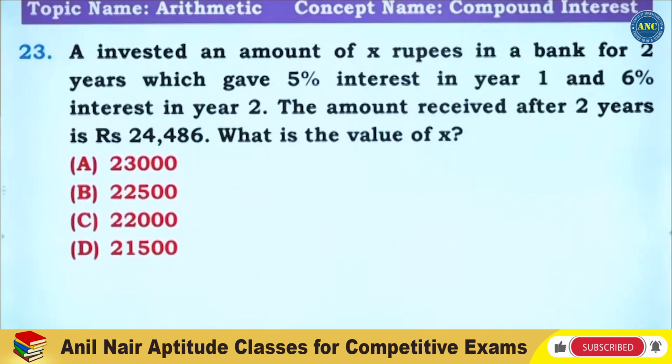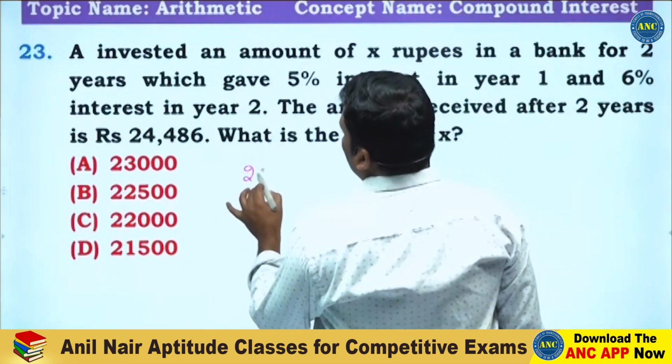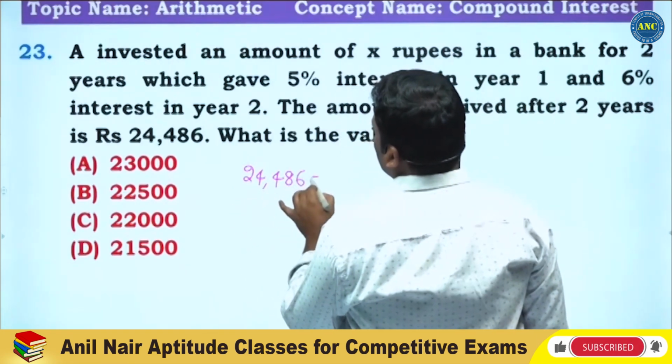Now, next one. A invested, first read the question, sir. A invested an amount of X rupees in a bank for 2 years. First year it is 5% and in second year it is 6%. Amount finally received after 2 years is 24,486.